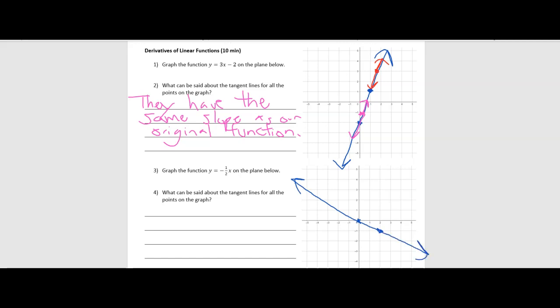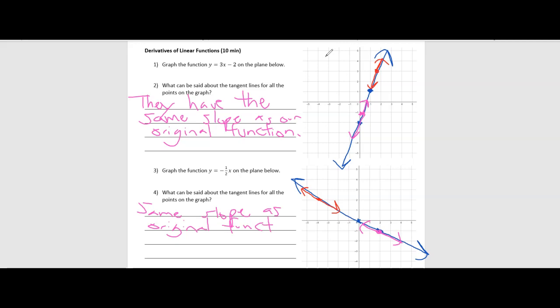So I get a graph that looks like that. And again, whatever point I pick on this graph, the tangent line is going to be the same as our original function, which means it's going to have the same slope as our original function.